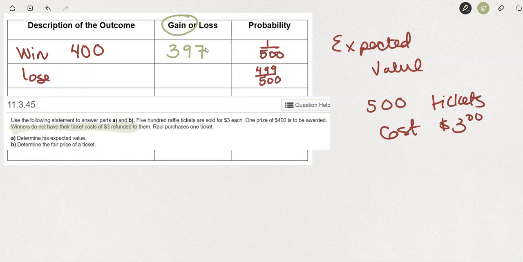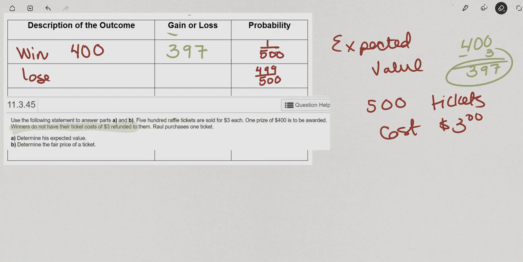Your gain when you win $400 is the 400 minus the $3 ticket fee. So that's going to come to $397. If you lose, then your loss is going to be the cost of that ticket. So if you don't win anything, you've paid $3.